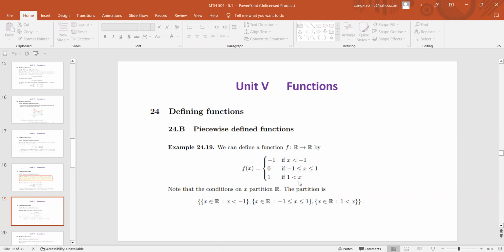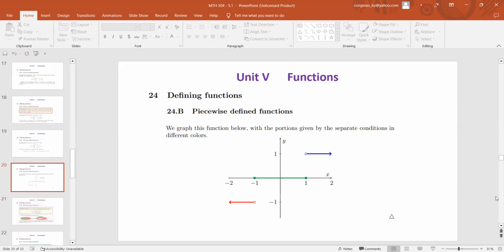The third part of the graph will be in the region for x greater than 1, so that's on the right, not including the endpoint 1 for x, and the function value is 1. So that's a horizontal line above the x-axis.